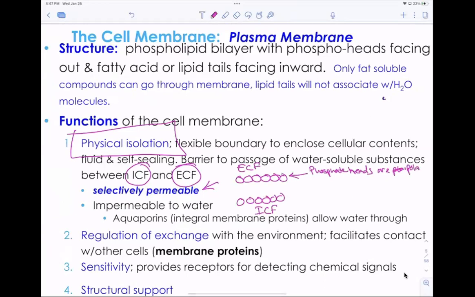I can't spell polar. And so what else is a polar molecule? Water. And so extracellular fluid is mostly water, it's polar, and so these phosphate heads get along great with water and other polar molecules like amino acids and glucose and so forth.